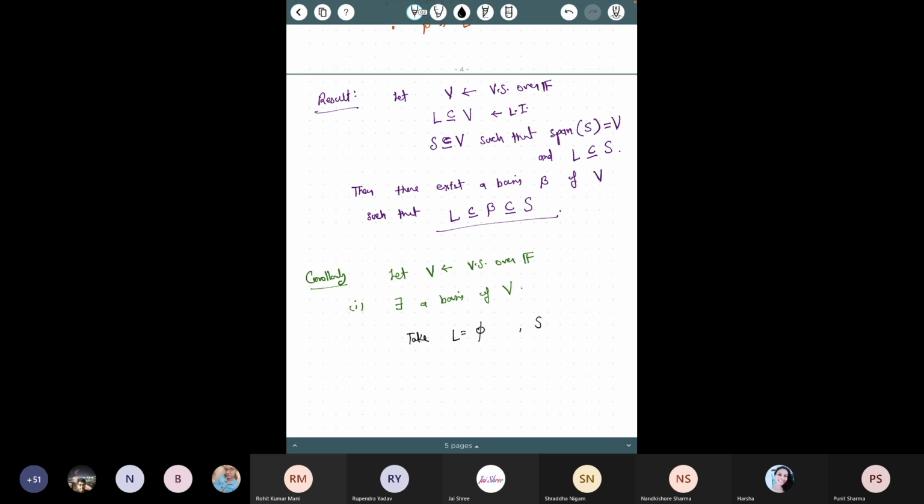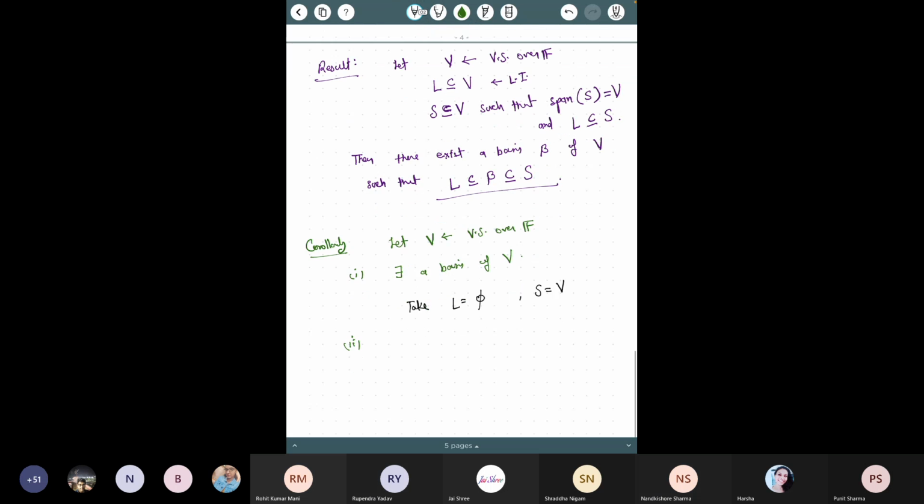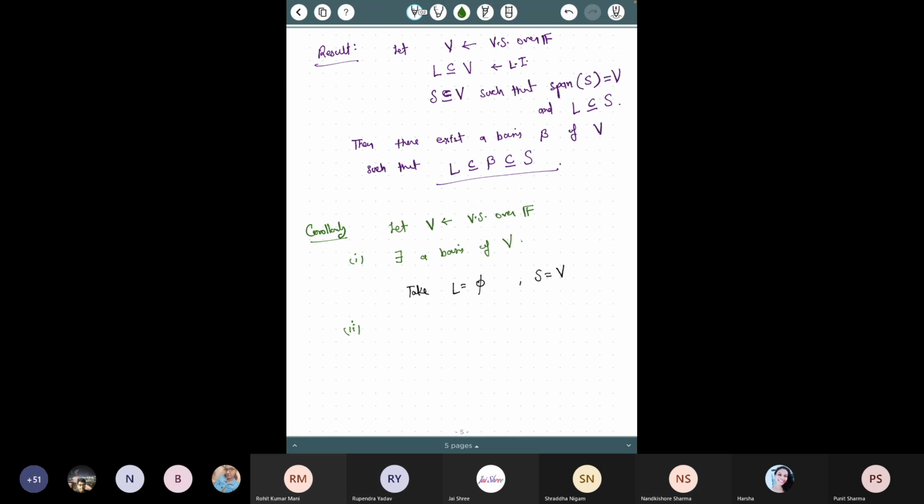And you take S as V, then using the previous result, you can say that there is a basis of V, right? Do you agree with me? Yes, sir. Okay, fine. So using this result, it is very straightforward to prove that every vector space has a basis. We don't have to bother about other things.